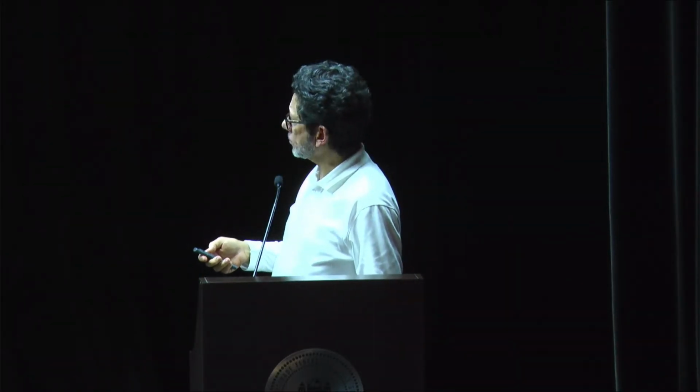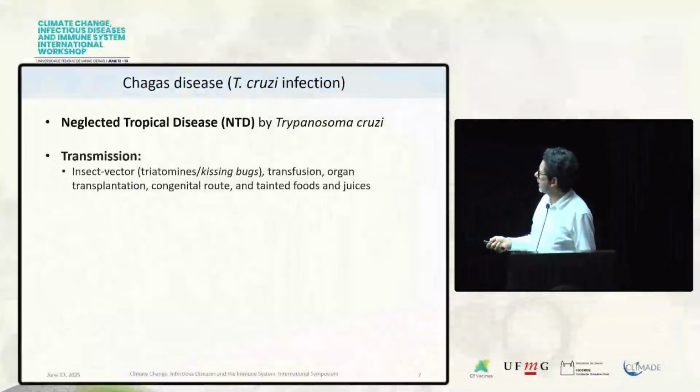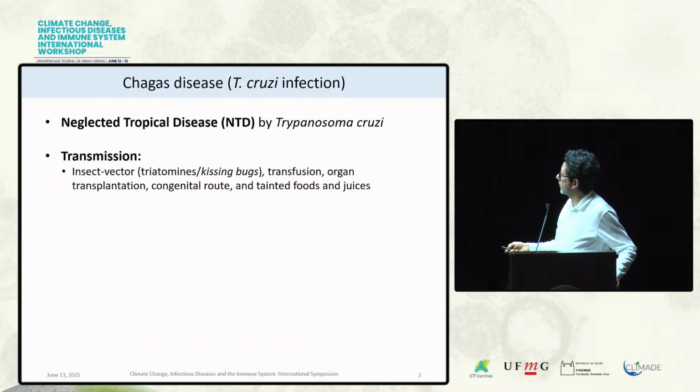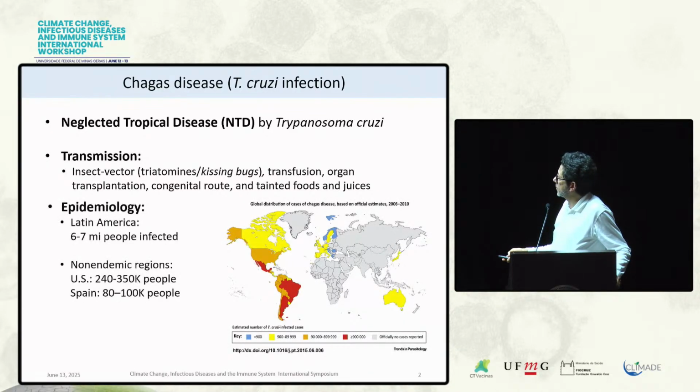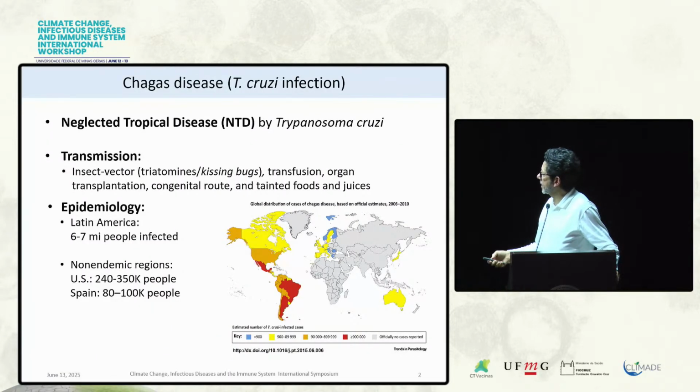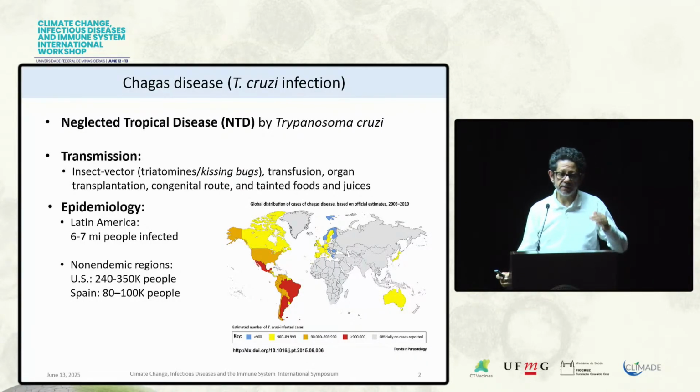Just to briefly remind you about Chagas disease, Rafaela did an excellent introduction, and I'm not going over it in detail. But I just want to remind you that we still have 6 to 7 million people infected throughout Latin America, from Mexico down to Argentina and Chile, and the disease is spreading up north.